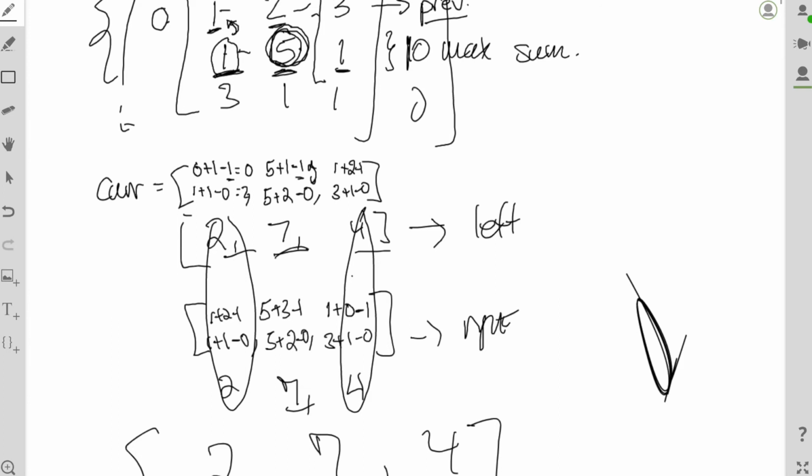In order to do that, as we're moving towards the left and as we're moving towards the right, we always want to be taking a look at the last value that we added.